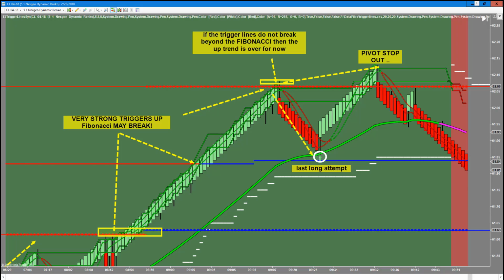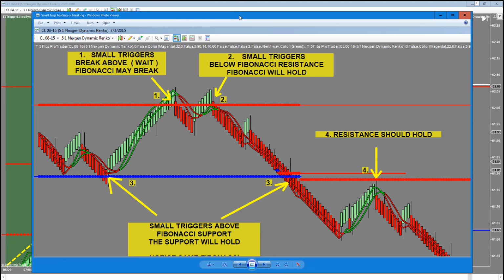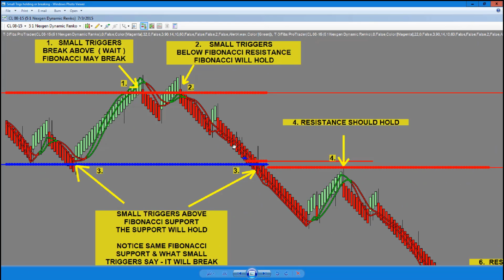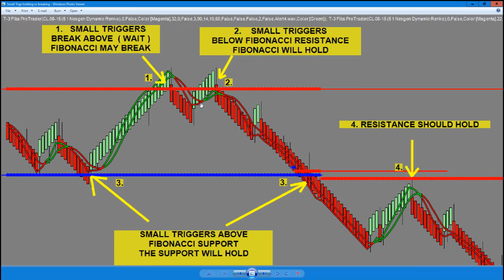Now I want to reintroduce one of the slides that we looked at a lot earlier when we were looking at our fibs and trigger lines, small trigger lines only. Initially, if you're at a Fibonacci area and you're starting to anticipate that it might hold, but the small triggers violate above it, we have to wait for one of two things to happen.